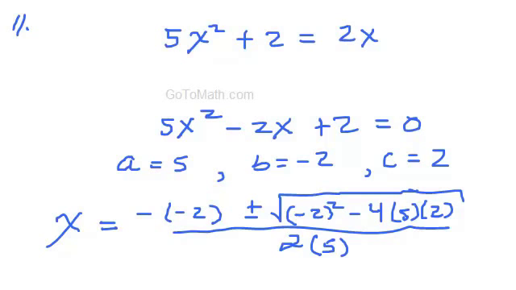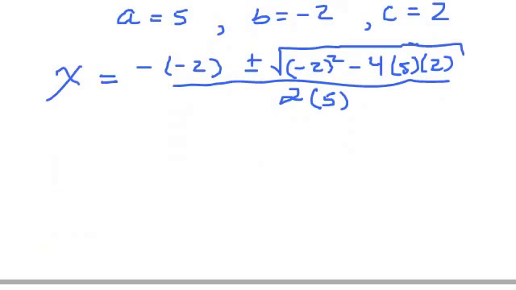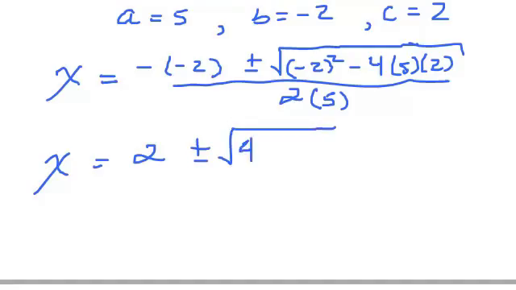Okay, so now what we want to do is simplify this thing down. So we have x is equal to, so we have negative 2, a negative negative makes that positive. Negative 2 squared is 4.